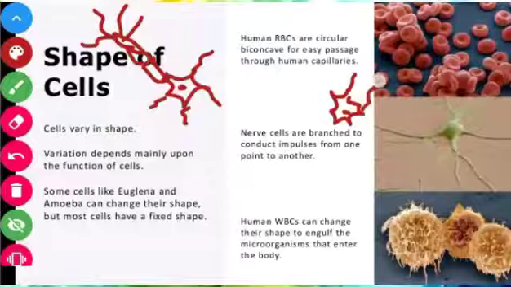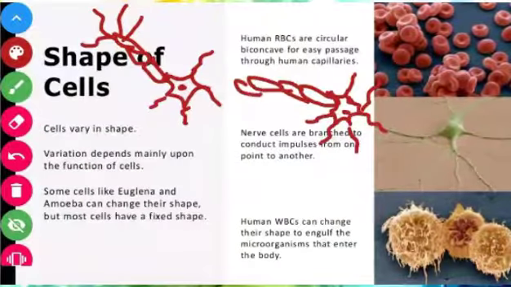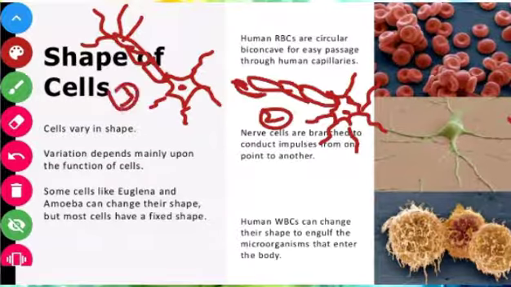These thread-like structures are called dendrites. This is again an axon. Let us connect this diagram with this. This is the first nerve, second nerve, and third nerve.